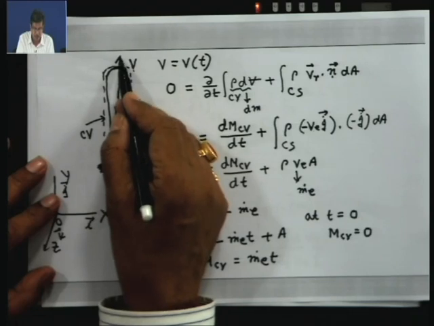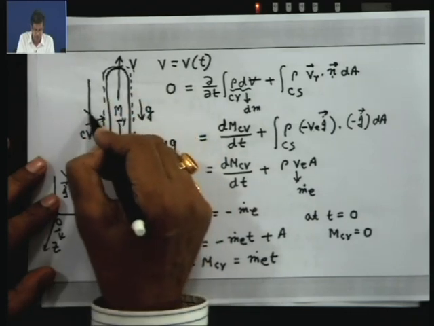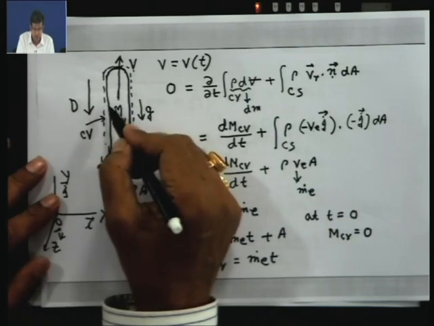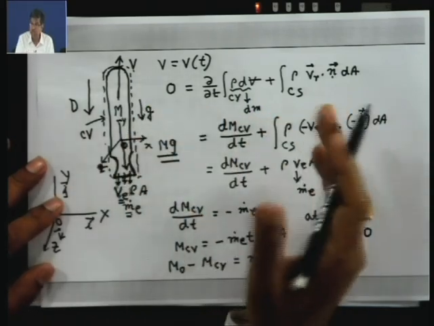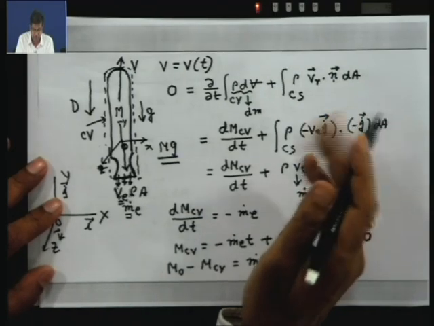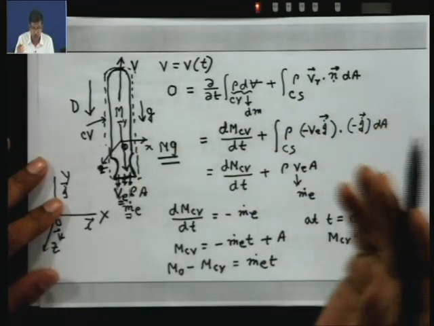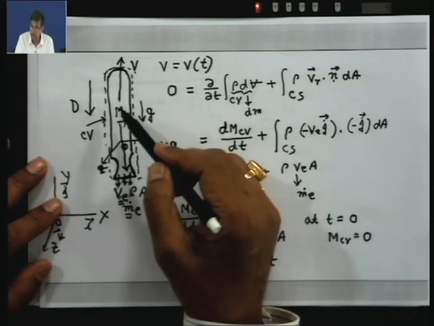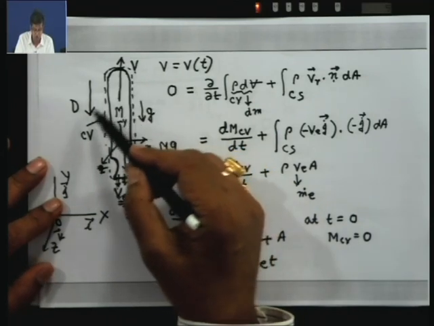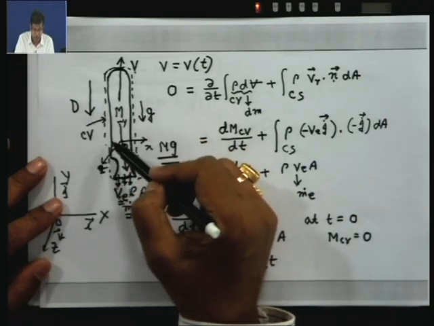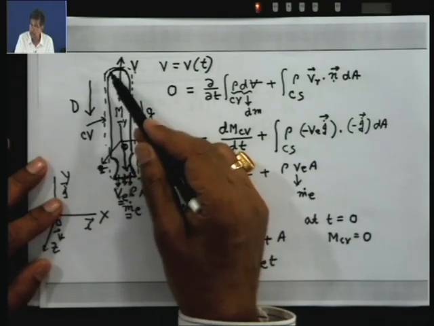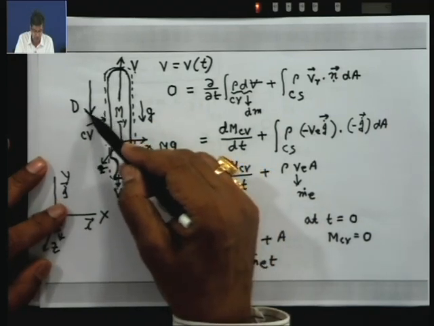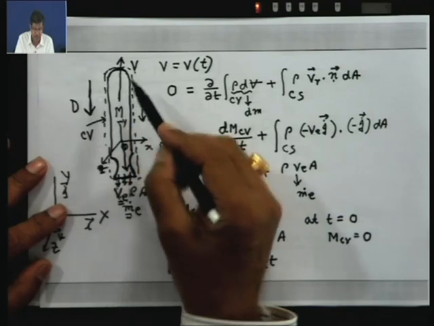Since the rocket is moving up, a drag is acting on the rocket, which is the skin friction drag plus mostly the form drag, which will be explained in detail by Professor Soman Chakraborty or Professor Ghosh Mollik, how the drag force is created because of the shape of the body due to boundary layer separation. So the sum of these two, skin friction plus the form drag, which is the major part of the drag in this case, will give a drag force which is in the opposite direction to the motion.